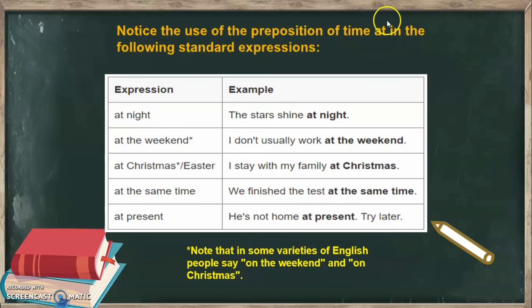The preposition of time at: in these sentences, we have at night, at the weekend, at Christmas, at the same time, at present. Okay, so, because we don't have just one English.